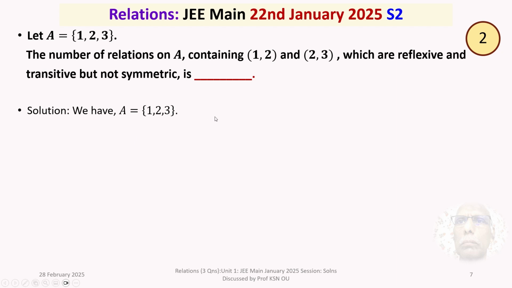We have A equal to the set consisting of 3 elements 1, 2, 3.